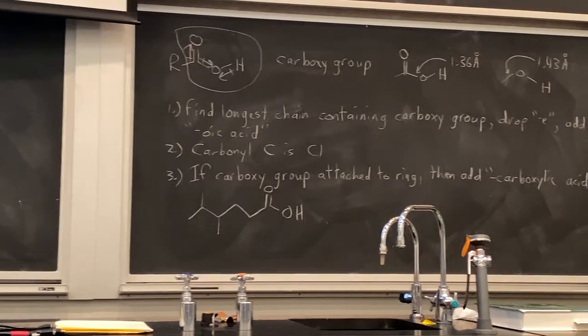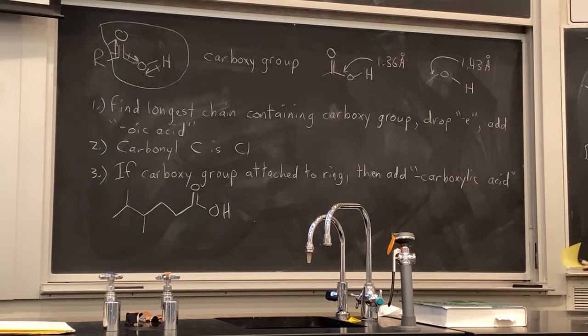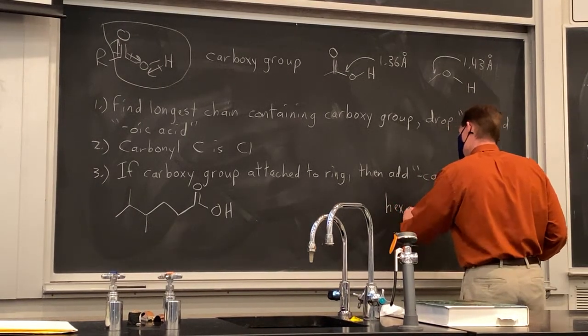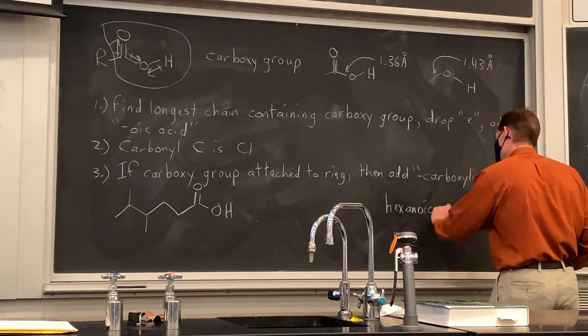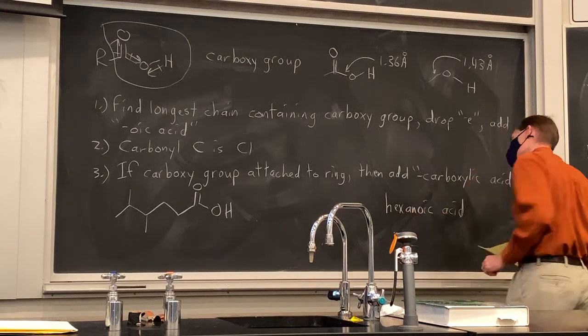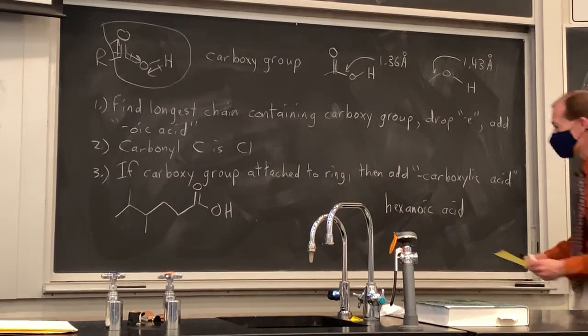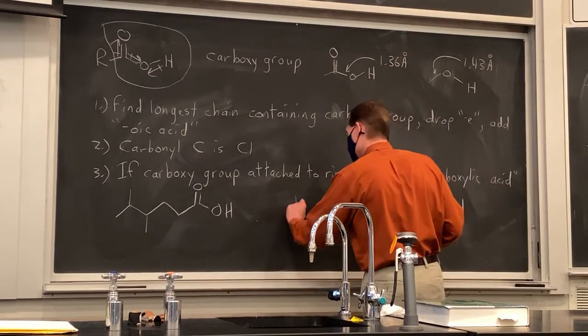So what's the parent name? Hexanoic acid. Drop the E from hexane, add oic acid, hexanoic acid. What goes in front of the hexanoic acid? 4,5-dimethyl.